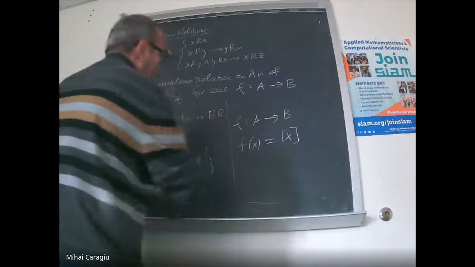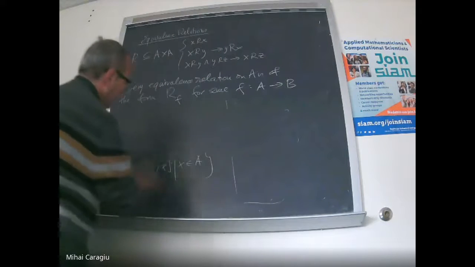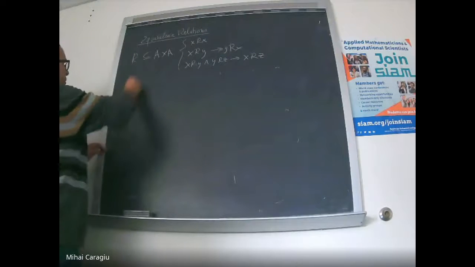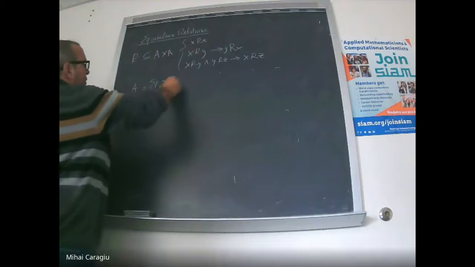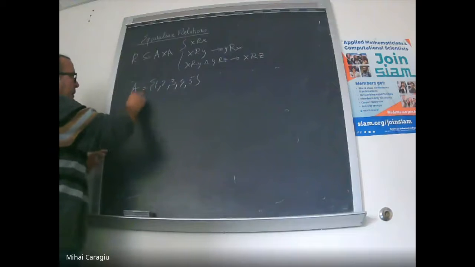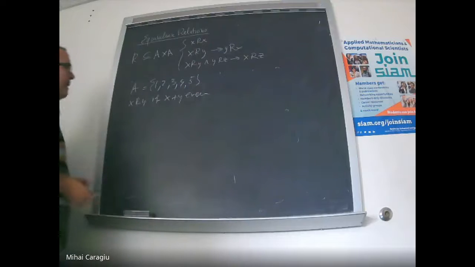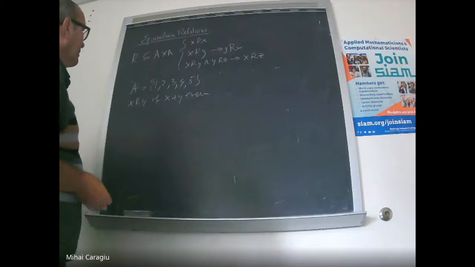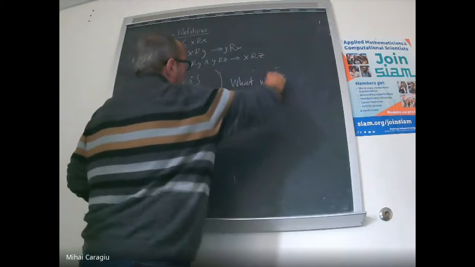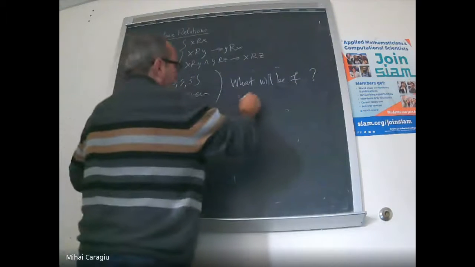So let's give a more concrete example of this theoretical construct. In the previous example, consider A to be 1, 2, 3, 4, 5. We've seen that X R Y if X plus Y is even is an equivalence relation on A. So what would be F in this case, so that R equals R sub F?